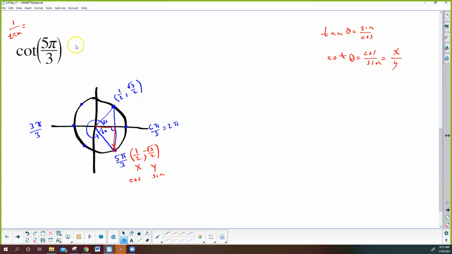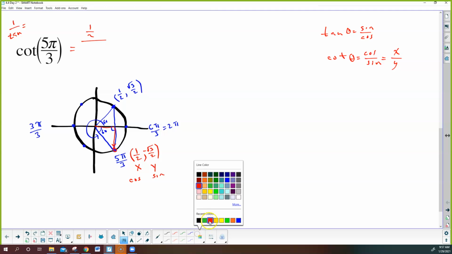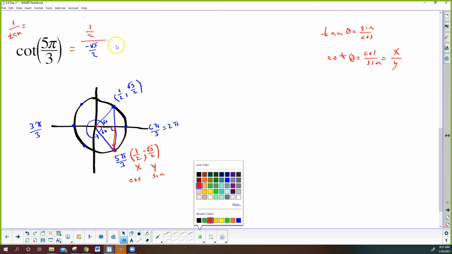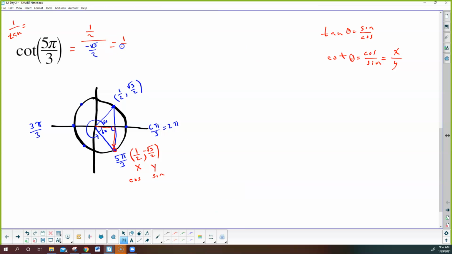But there it is. We're just going to do x, which is 1/2, over y, which is negative square root 3 over 2. And this is about as nasty as it gets, a fraction divided by a fraction. So then I just want to take this, and I don't want to divide by a fraction.